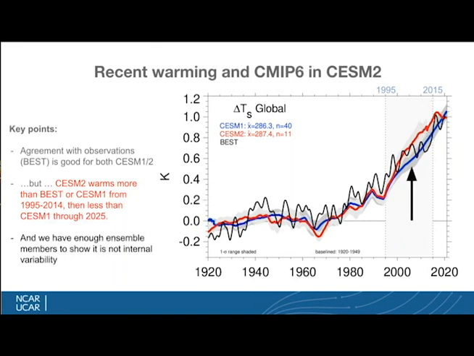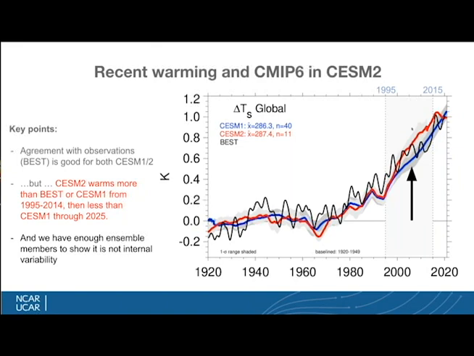I think at this point we actually do have enough ensemble members, both on the CESM1 and the CESM2 side, to identify that this is not just internal variability. And by the way, I don't know if you can see my arrow, but there is a slight discontinuity at 2015 because the number of ensemble members for the future is not the same as the number of ensemble members for the historical.